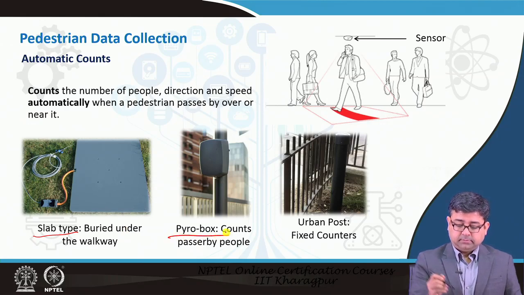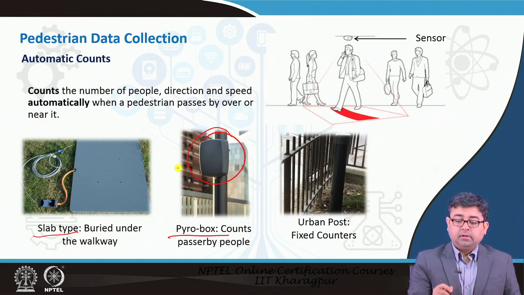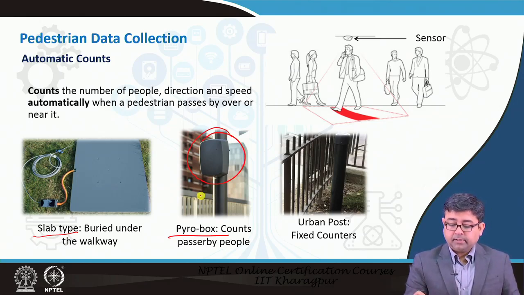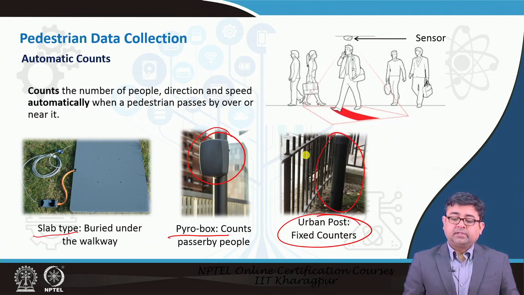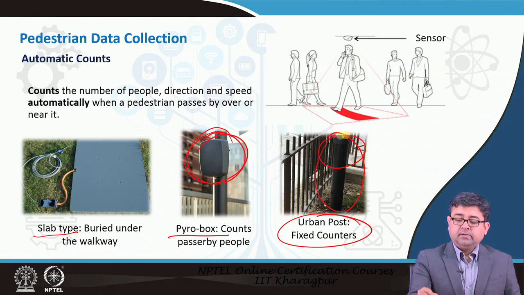Then there are something called pyro boxes that can be mounted on a light pole, and they count the number of people crossing the box using infrared signals. And you can have urban posts and fixed counters. These urban post counters can be removed, whereas these are fixed counters.